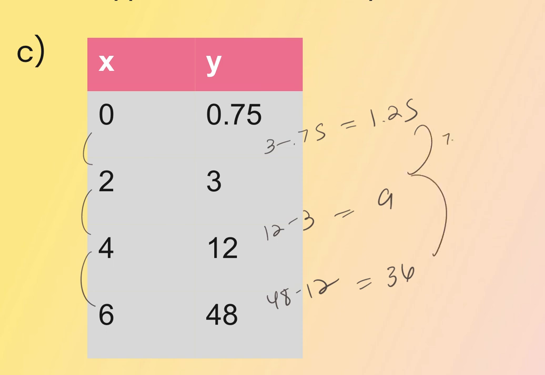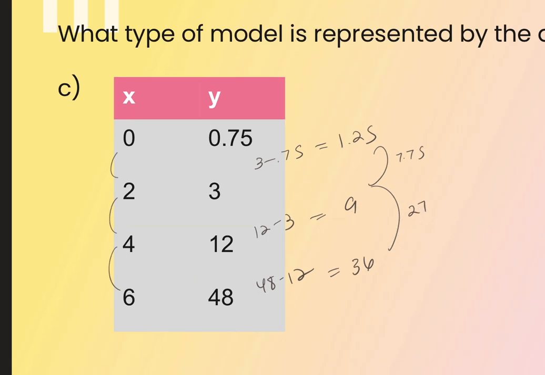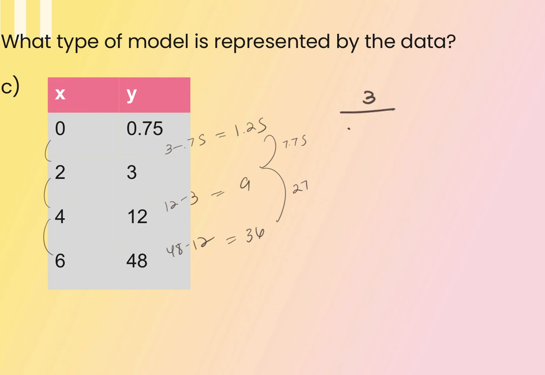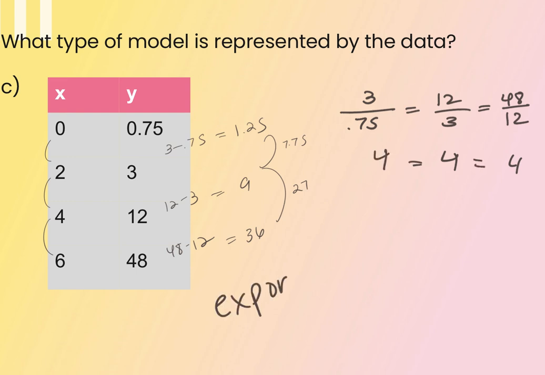This would be what? 6.75, 27. So then I try exponential. 3 over 0.75. I want to see if it equals 12 over 3. I want to see if it equals 48 over 12. Oh, so we're just testing every single one? Correct. Yep. This is 4 and this is 4. So as long as 3 divided by 0.75 is 4, and it is, now I know this is exponential.